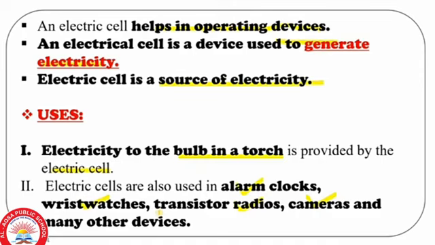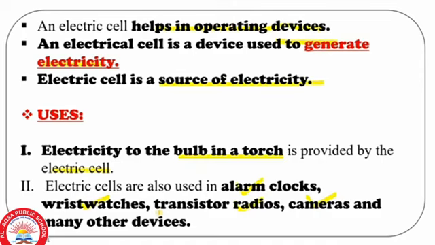An electric cell is a device used to generate electricity. It is a source of electricity. Electricity to the bulb in a torch is provided by the electric cell. And these cells are also used in alarm clocks, wristwatches, transistor radios, cameras, and many other devices.